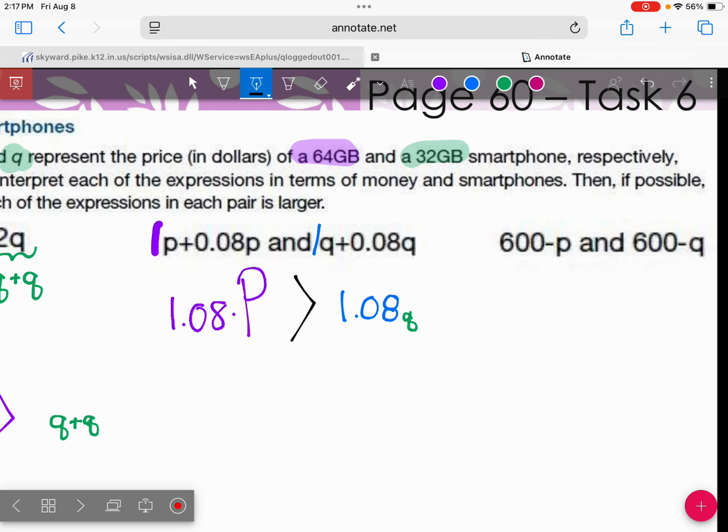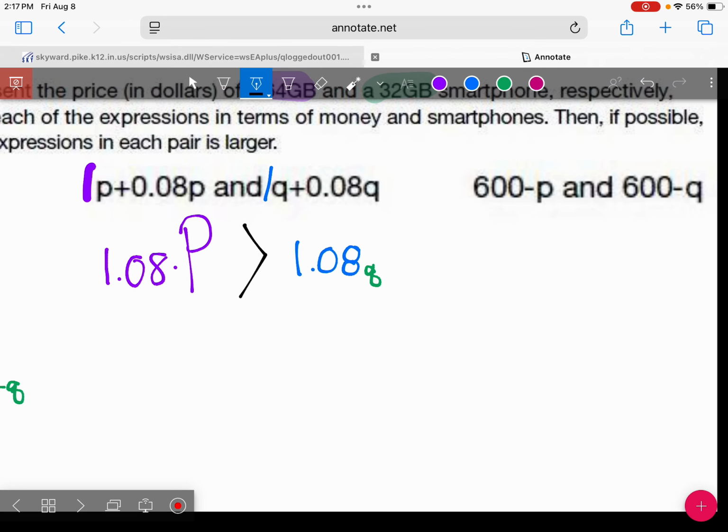So then, our last one here, this is our last one for the day. And then you can pack up. If I have 600 and I take away P, or if I have 600 and I take away Q, which one's going to be bigger?